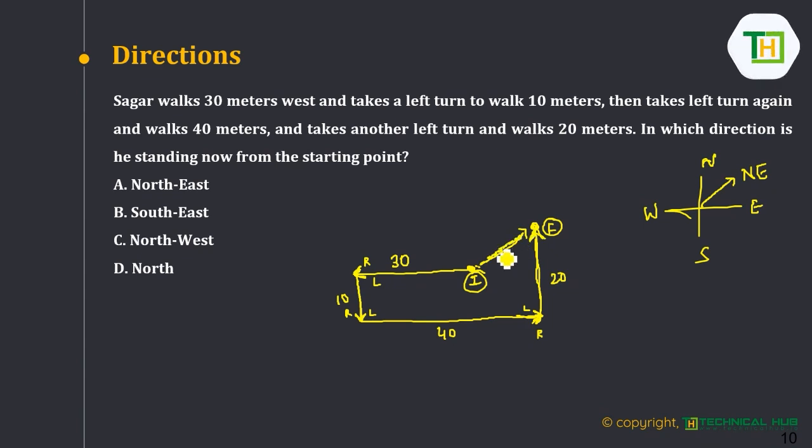That means the Sagar is standing in the northeast direction from his starting point, because if I view his position from the starting point, I can see him in the northeast direction. Okay, that is the answer, northeast.